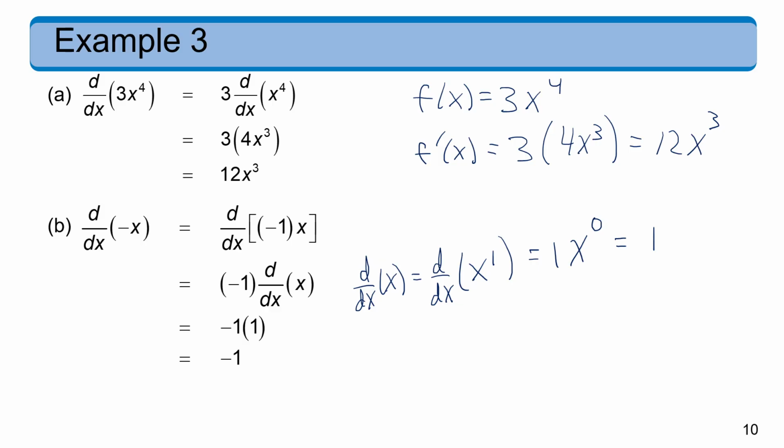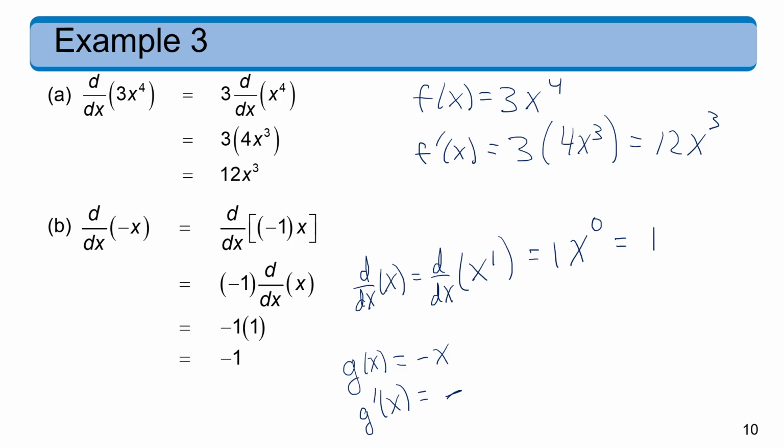If we use the prime notation on this, we could say, let's let g of x equal the function we're starting with, which is -x. To find the prime, whatever constant is in front of your function, just carry it along. So carry along the negative sign.